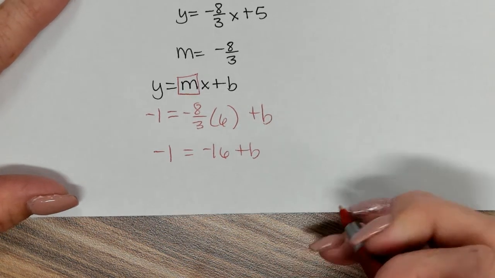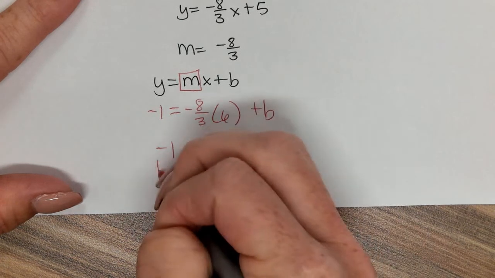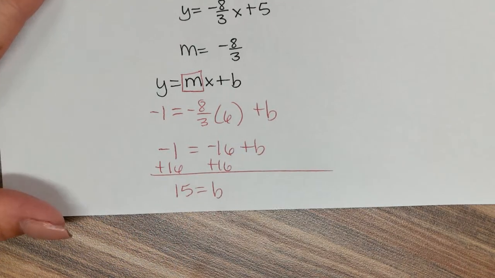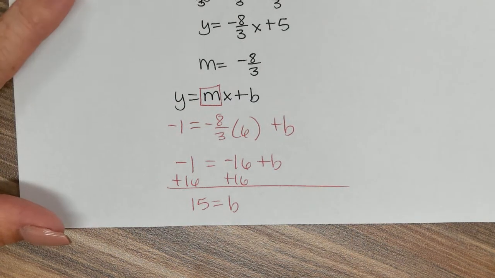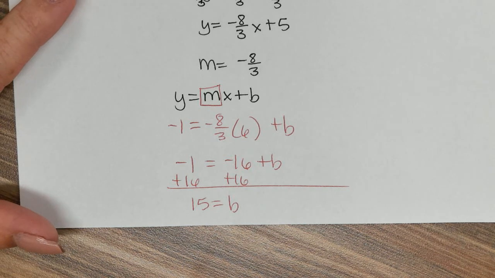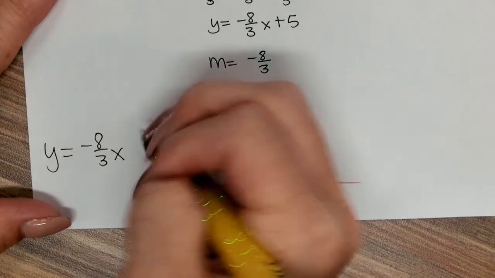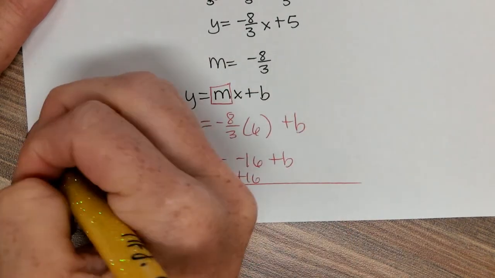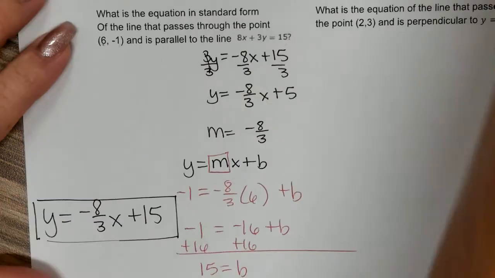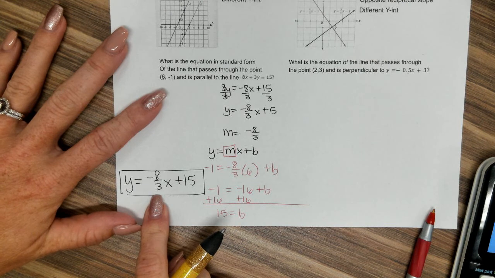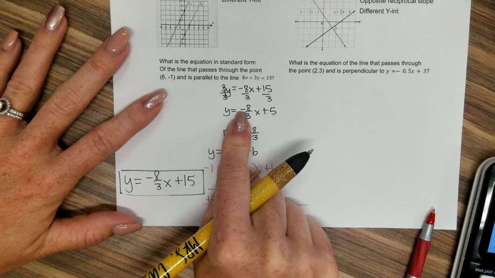Now what do I do? Plus 16. So I have 15 equals b. So now can I write the equation? I know the slope and I know the y-intercept. So I have y equals negative 8/3 x plus 15. So what this tells you is that this equation is parallel to this one.